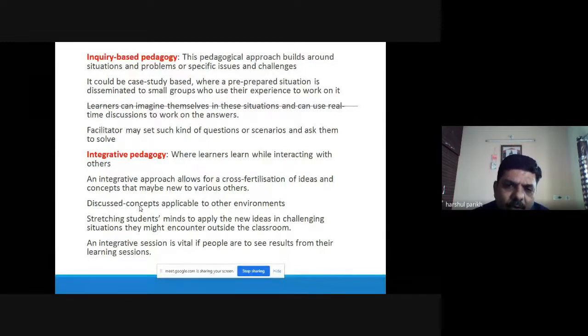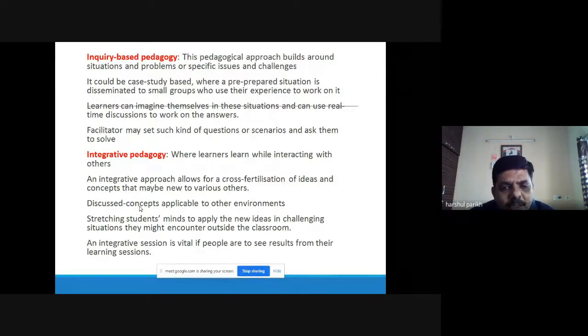Integrative pedagogy is where the learners interact with each other and share ideas, and there is a cross fertilization of ideas and concepts. When all learners discuss such ideas and concepts together, that will be more fruitful for learning.